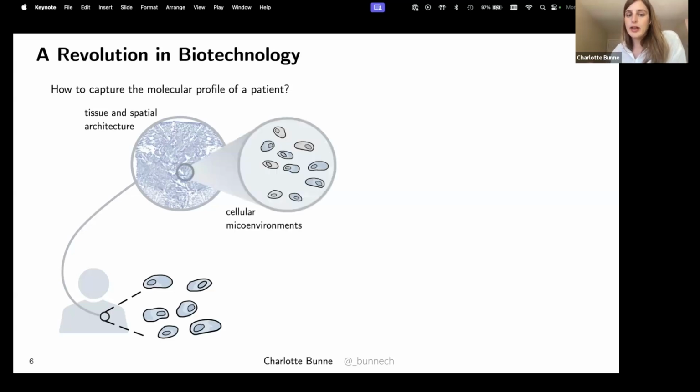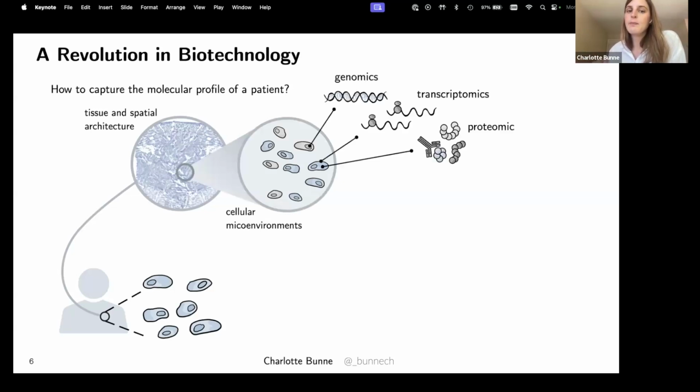But we can do much more. We can look deep down at the individual cell level and understand cellular microenvironments. And of every individual cell, we are able to measure genomic, transcriptomic, proteomic, and epigenomic features. And we can also, of course, record those with imaging technologies and so on and so forth.